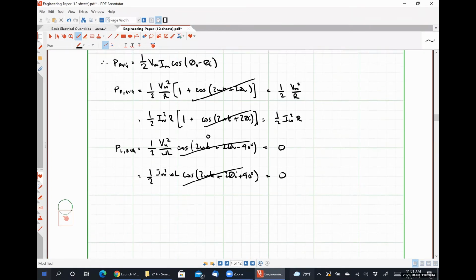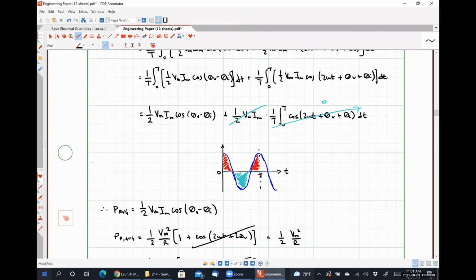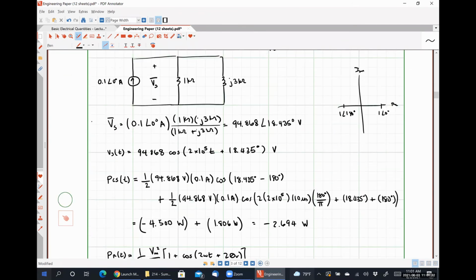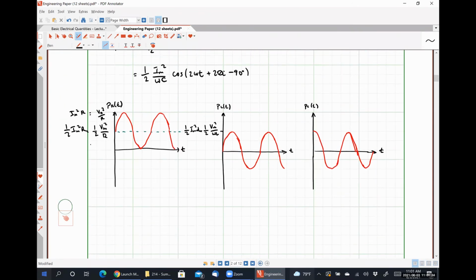And for a capacitor, it's also 0. I'm not going to bother crossing out the cosine function again because it should be pretty trivial at this point to see. We can see that also directly, scrolling back up here, in these graphs.